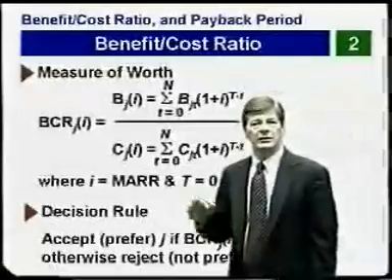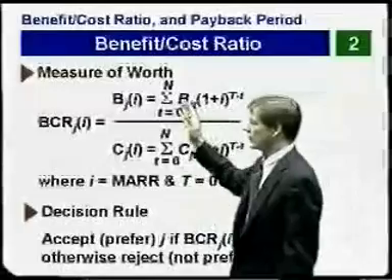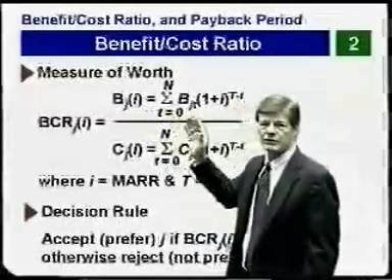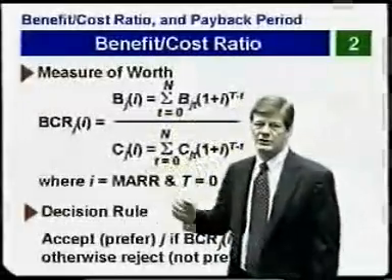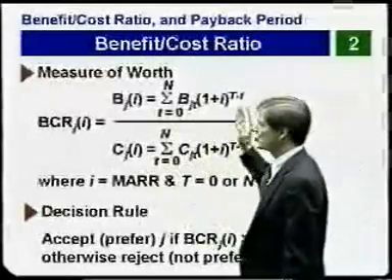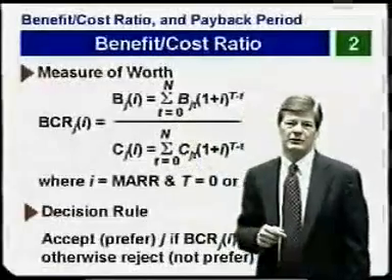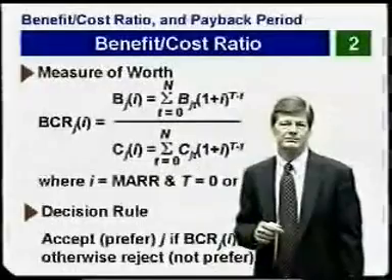meaning the benefit-cost ratio is nothing more than the present worth of the benefit cash flows divided by the present worth of the cost cash flows, or it is the future worth of the benefit cash flows divided by the future worth of the cost cash flows.